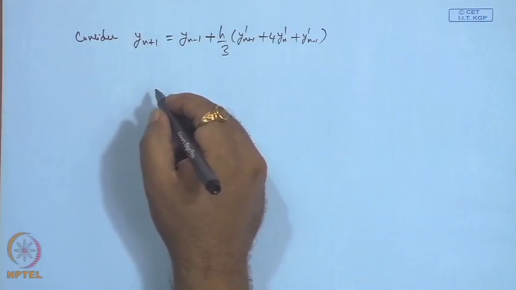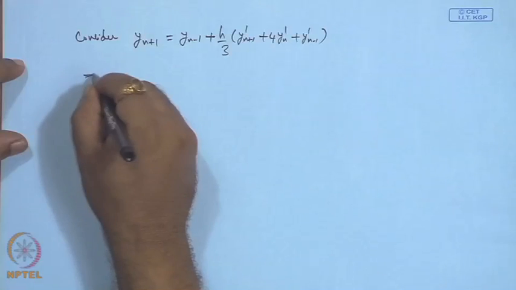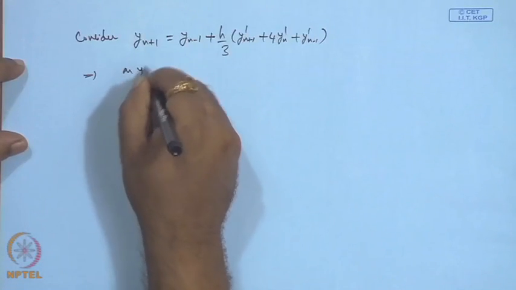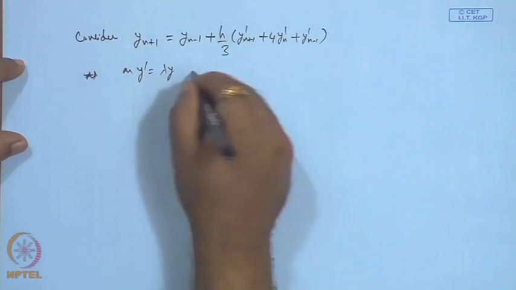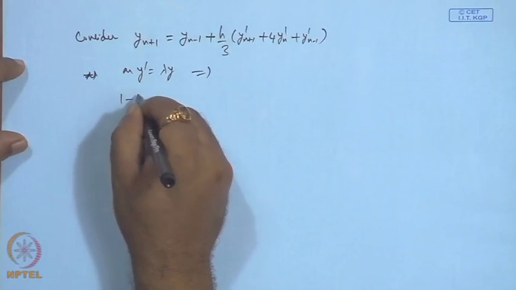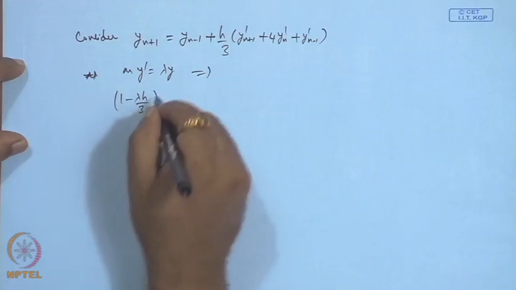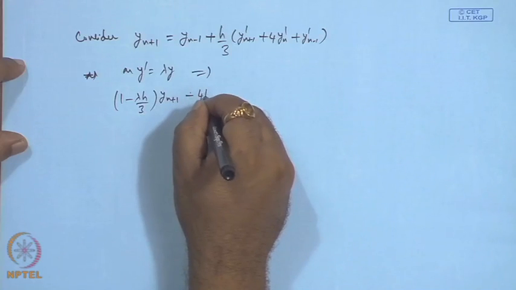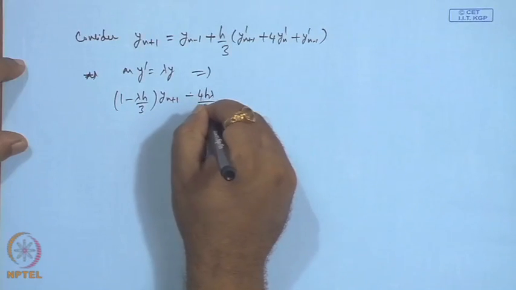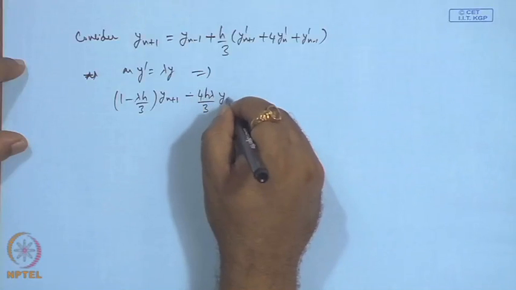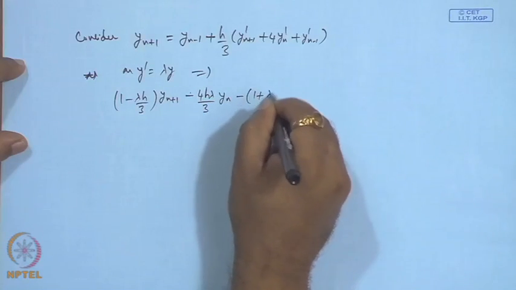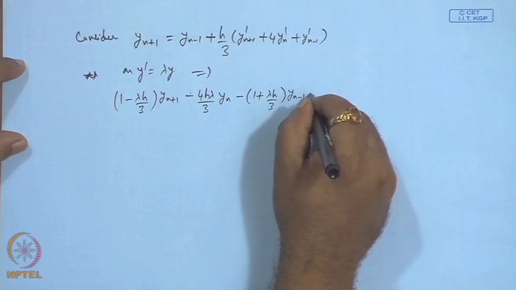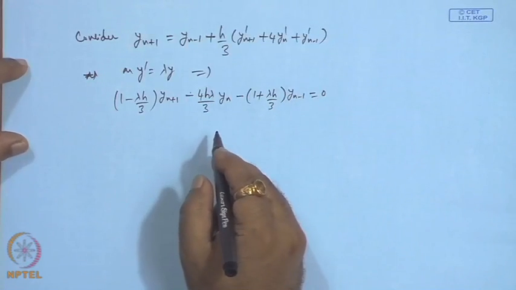Okay. Right. So, this implies on y dash we get, okay.